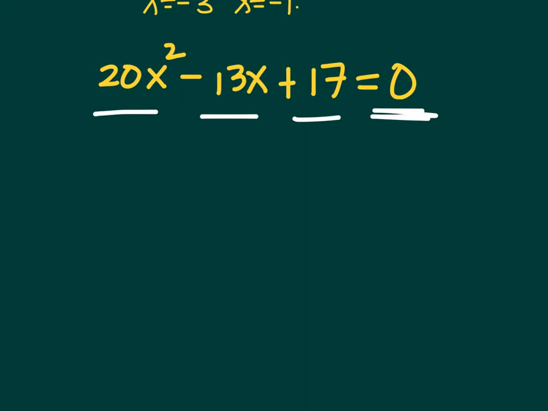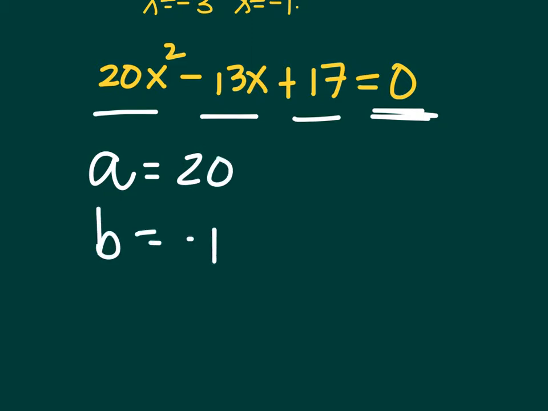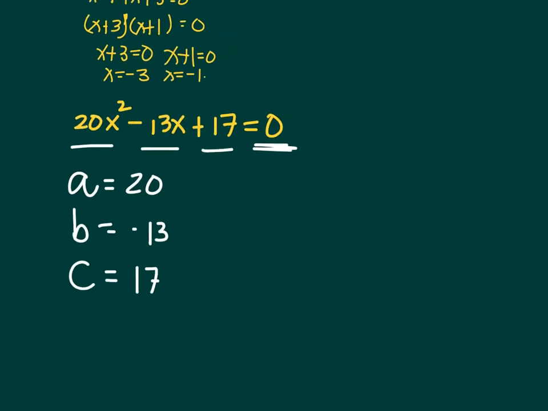Once you have checked those two things, it's time to get the value of a. In this case, it's 20. The value of b is negative 13, and the value of c is 17. Then all you have to do is go back to your formula.